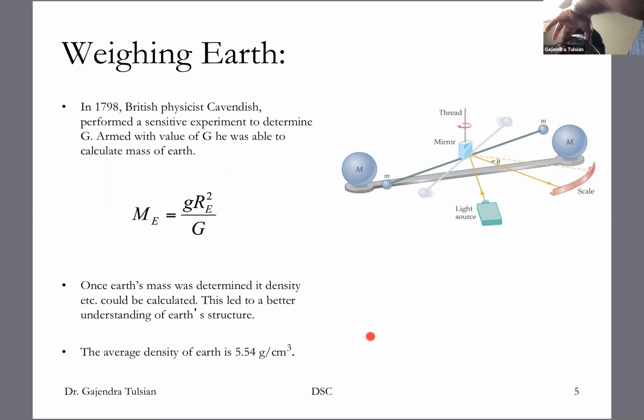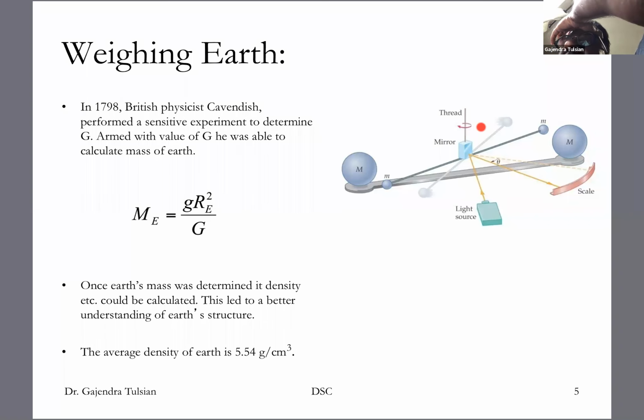What Mr. Cavendish did was raise these large spheres. The large spheres attract the little spheres, and they move toward the large spheres, and the thread is twisted. This stops once the torque exerted by these spheres is equal and opposite to the torque because of the wire being twisted.